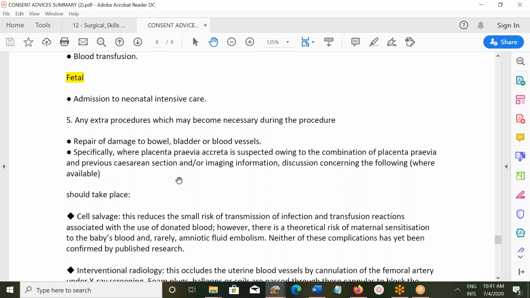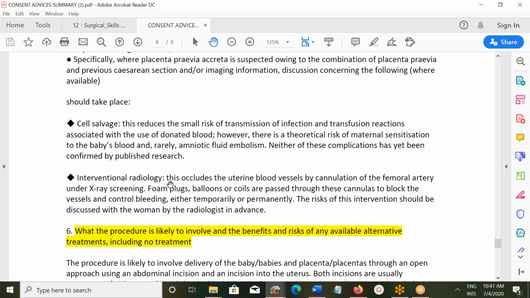You should ask the patient what is her opinion about cell salvage. Just tell her that when there is bleeding from your own tissue, this blood will be collected in special bags. It will go through a filter and then this blood will be transfused back into the body.